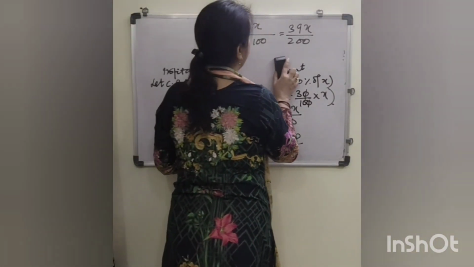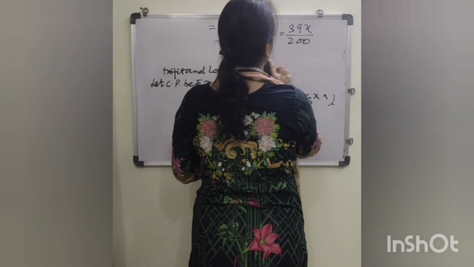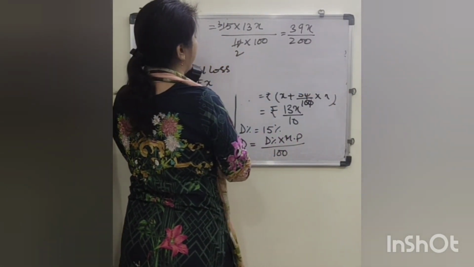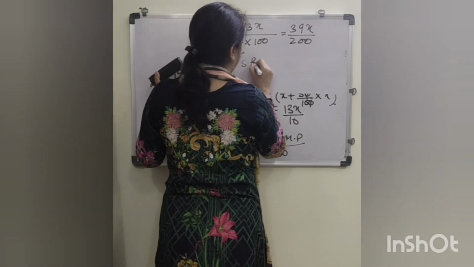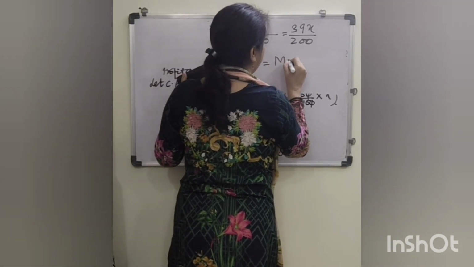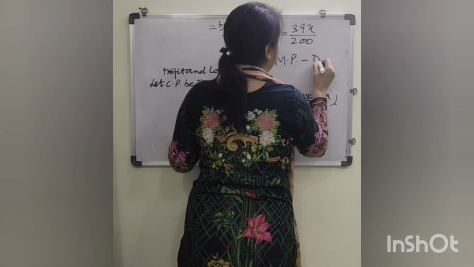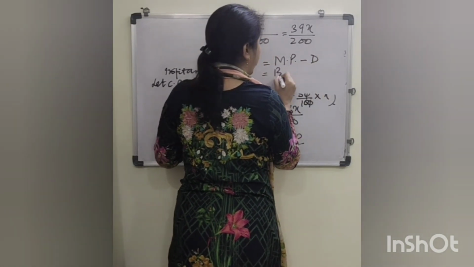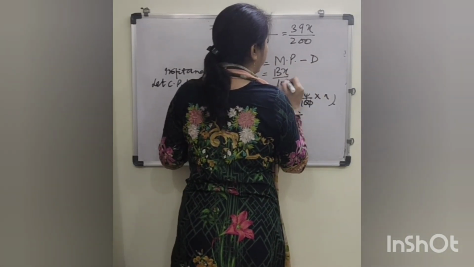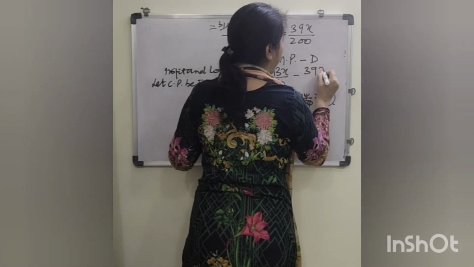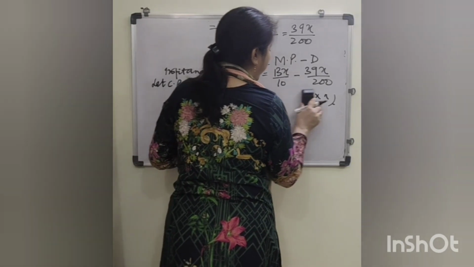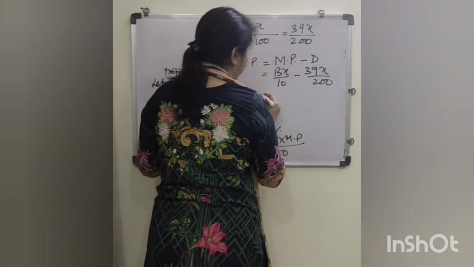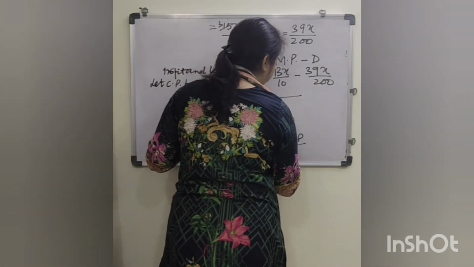After this discount 39x over 200, let us calculate SP. SP is equals to MP minus discount. MP is 13x over 10, discount is 39x over 200. Let's simplify it. Take LCM, that is 200.